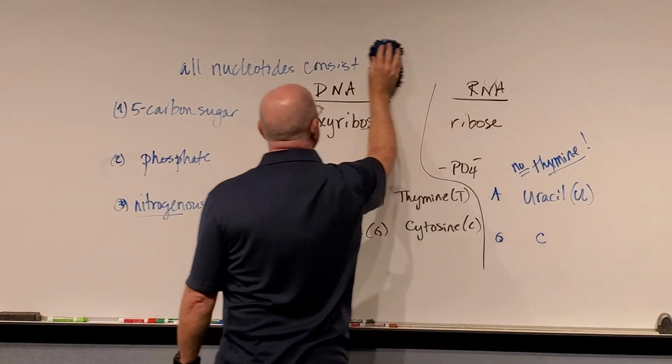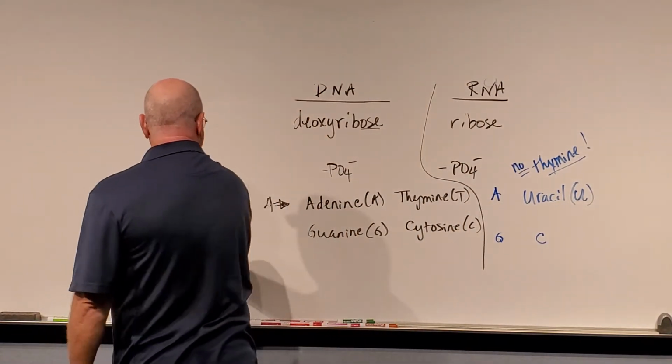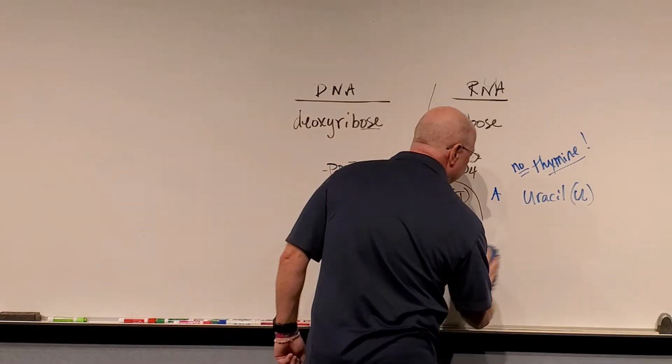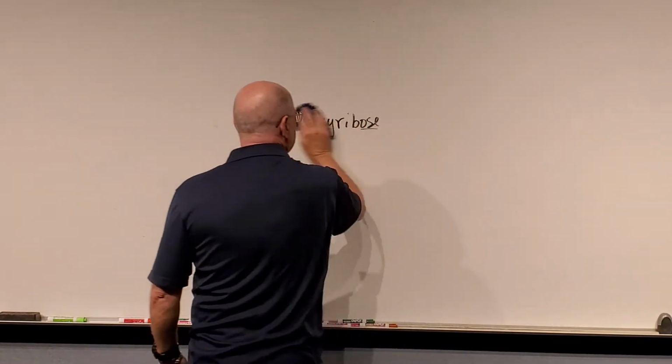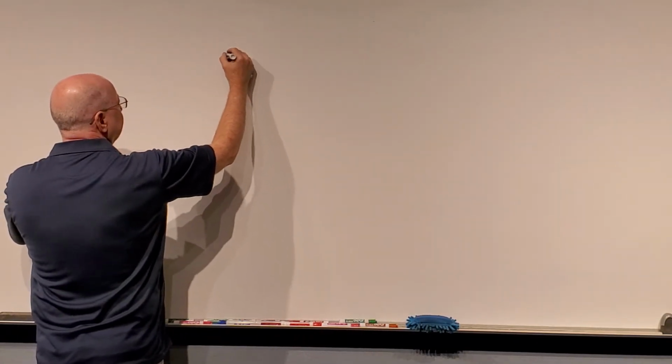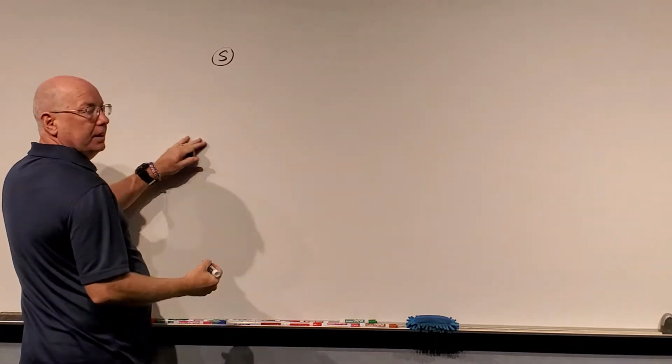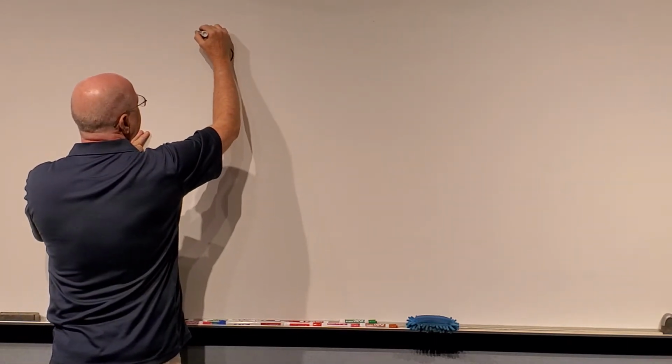So when I say a polymer of nucleotides, first of all, let me take a bunch of individual nucleotides. If I want to build a nucleotide, I need 3 things. One of those things is going to be a 5-carbon sugar. Another thing is going to be a phosphate group.